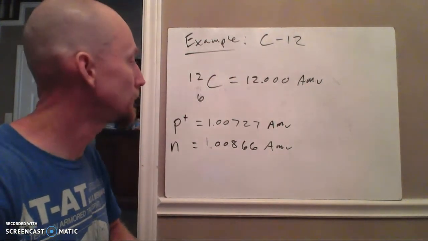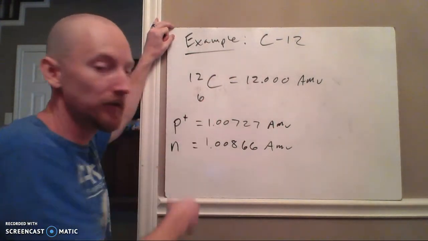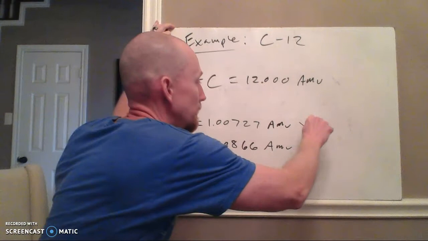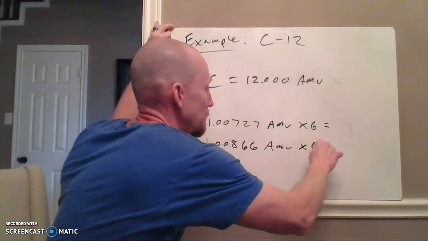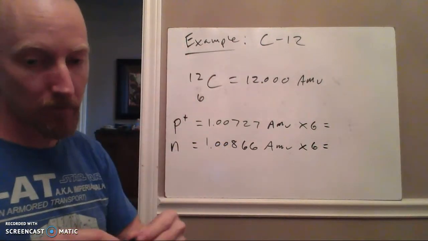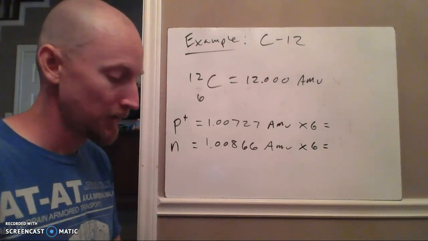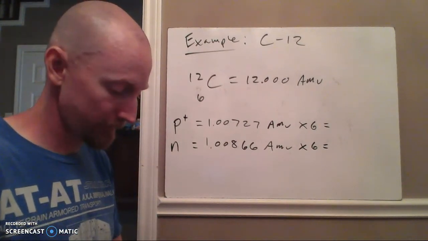All right. Now, since there are 6 protons and 6 neutrons in carbon-12, we're going to multiply this by 6 and multiply that by 6. So I've got to get my calculator, because math and I don't always get along.